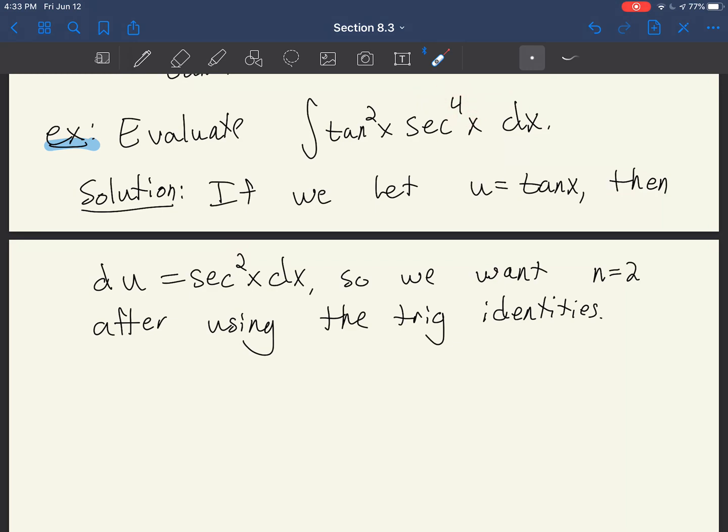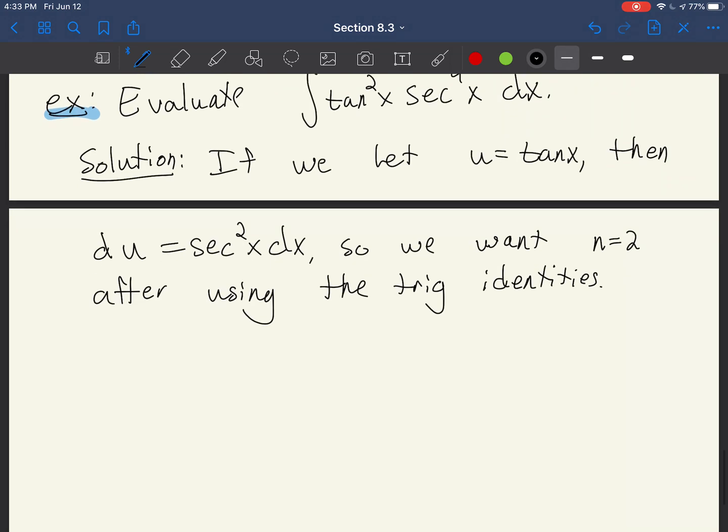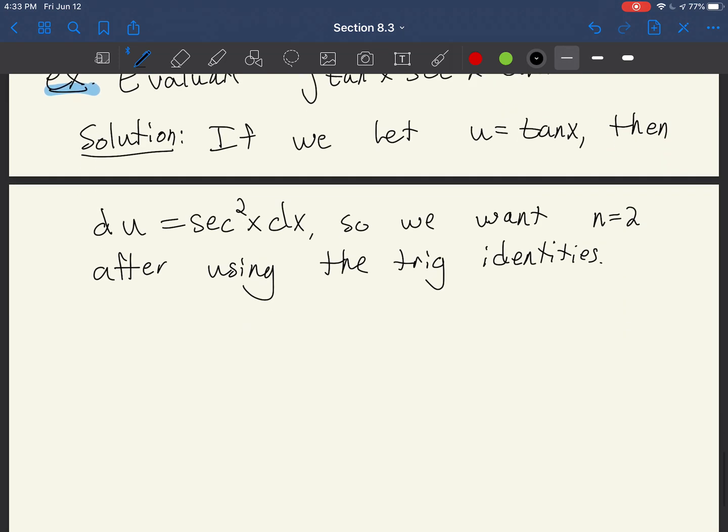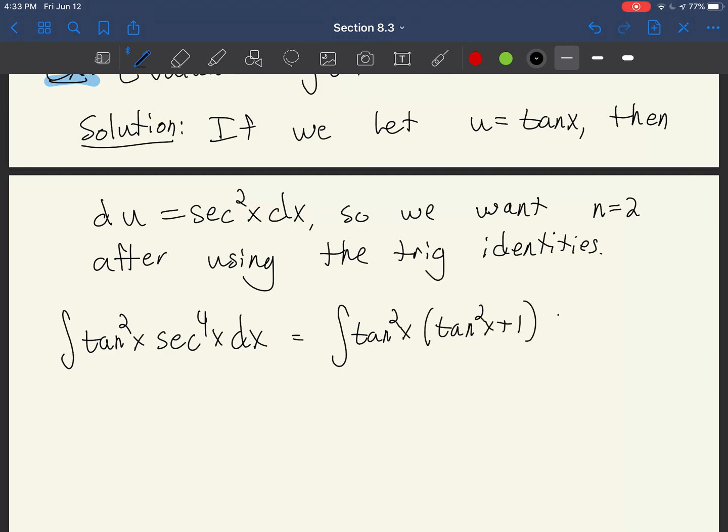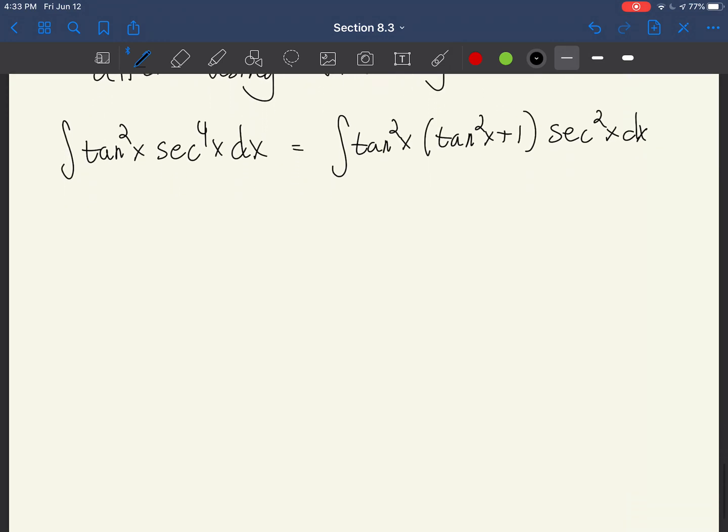Luckily we can do that because secant to the 4th, we have an even power for n. So we'll just use secant squared equals 1 plus tangent squared x, and then we'll have the secant squared left over that we want. So the integral of tangent squared x secant to the 4th x dx equals the integral of tangent squared x times tangent squared x plus 1 times secant squared x dx.